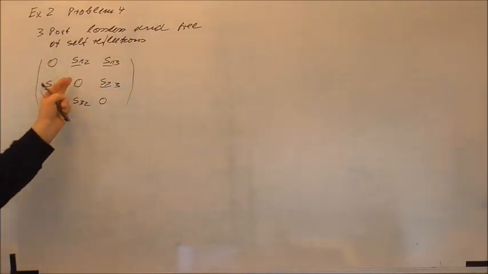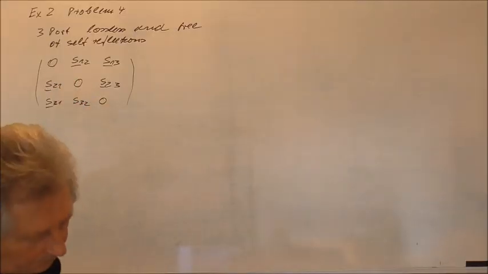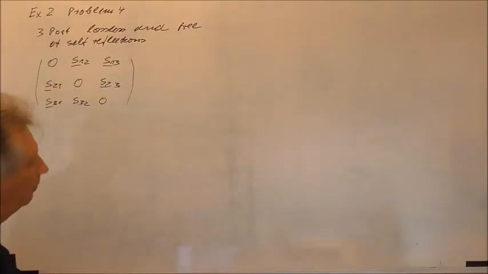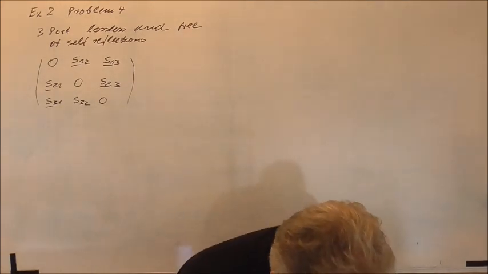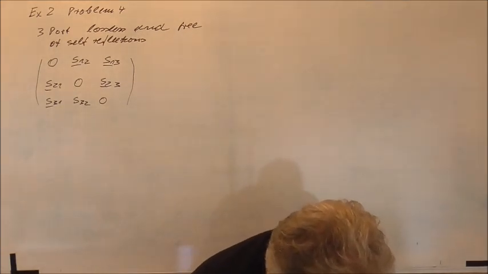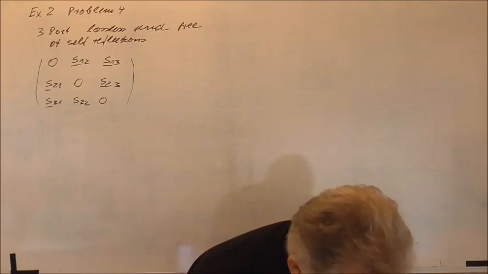That means all the elements on the main diagonal are 0. And in the first step you shall set up in general the absolute value and phase conditions.